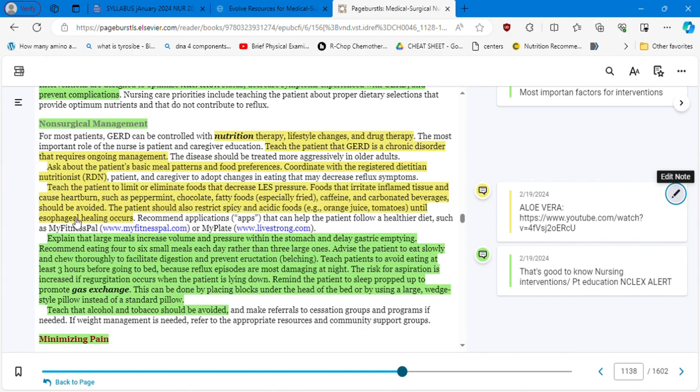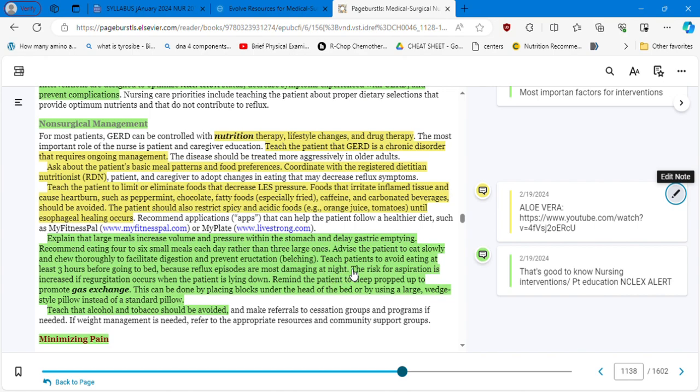Recommend eating 4 to 6 small meals each day rather than 3 large ones. Advise the patient to eat slowly and chew thoroughly to facilitate digestion and prevent eructation, belching, right? Teach patient to avoid eating at least 3 hours before going to bed because reflux episodes are most damaging at night.